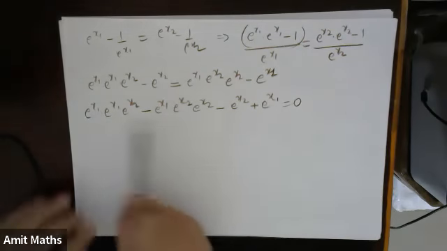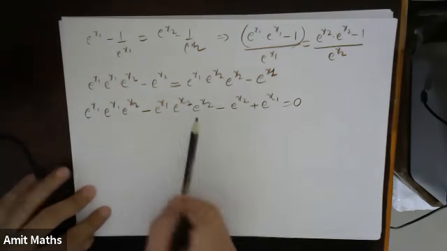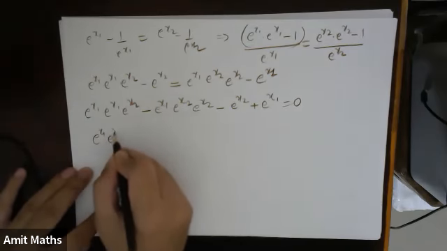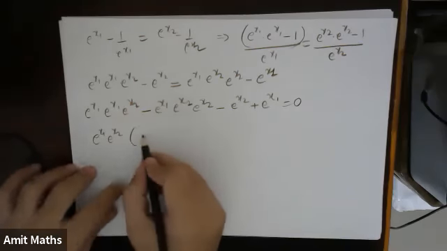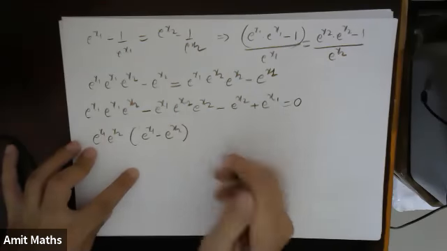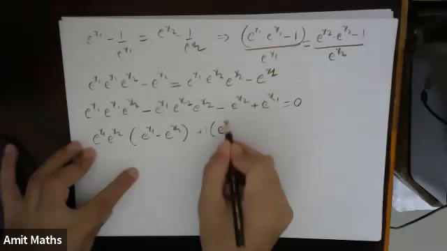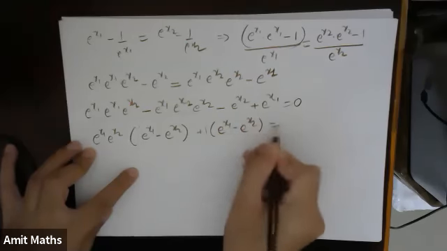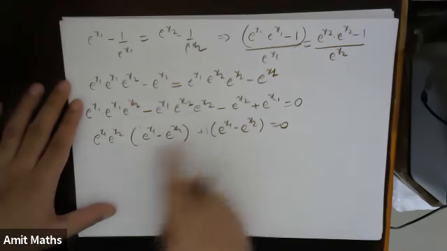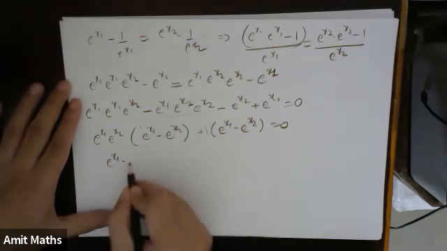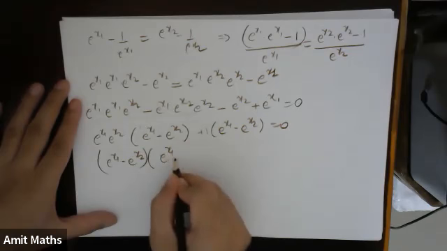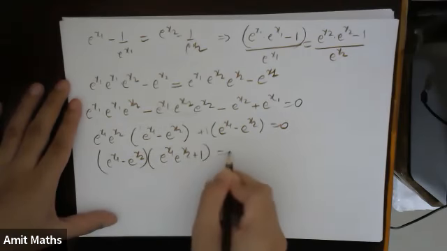I can take common e^x1 · e^x2. So I will get (e^x1 - e^x2) and also plus 1 into (e^x1 - e^x2) equal to 0. Fine. From these two I can take (e^x1 - e^x2) common, and we have (e^x1 e^x2 + 1) equal to 0.